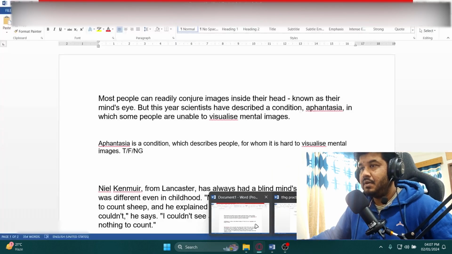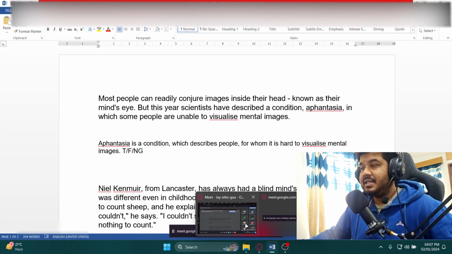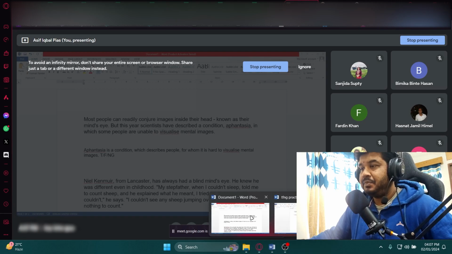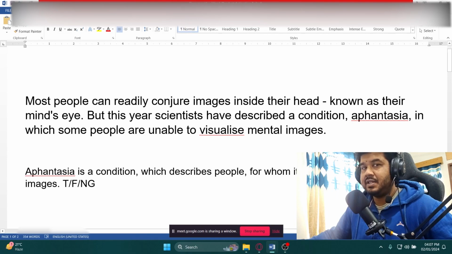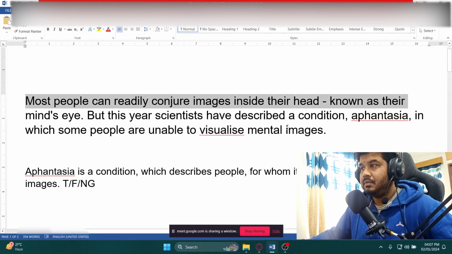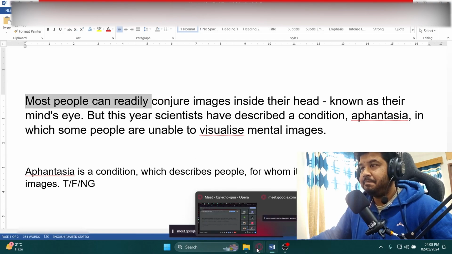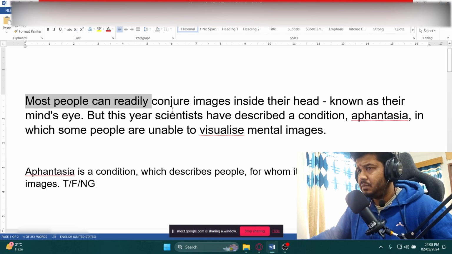Can someone please read the first one or two words, so that I know you see exactly what I'm seeing? Most people can readily conjure. All right, excellent.